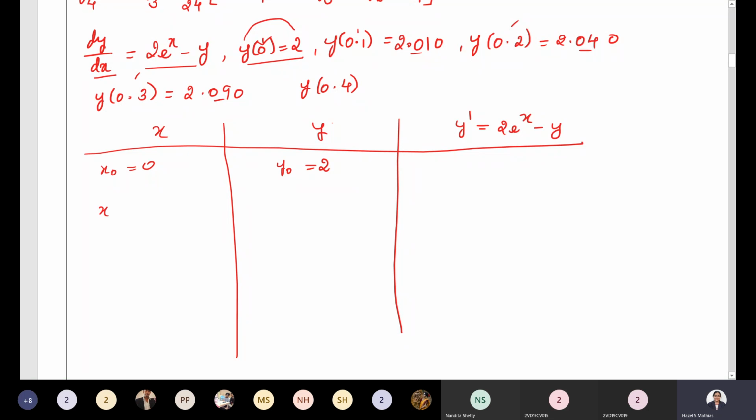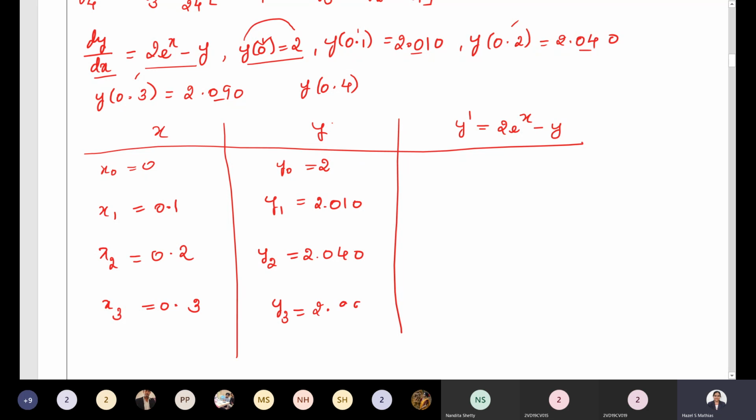The value of x1 is 0.1, x2 is 0.2, x3 is 0.3. The corresponding y1 value is 2.010, y2 value is 2.040 and y3 value is 2.090. Any doubt? This is the value which is given, and we have listed it out over here. Is it okay?